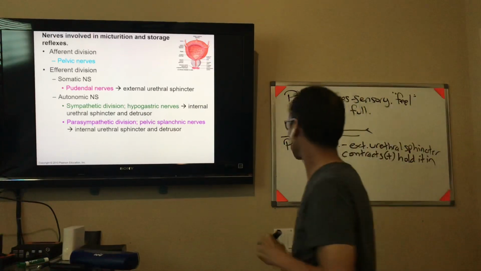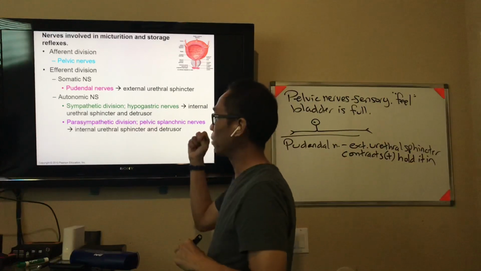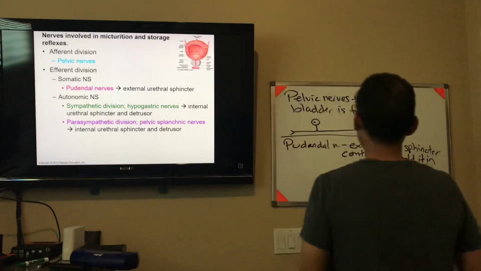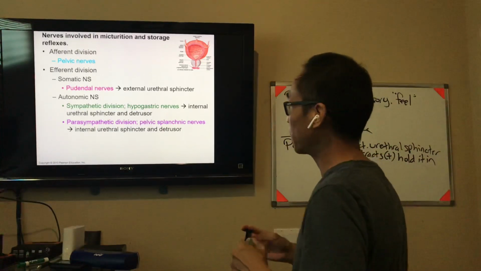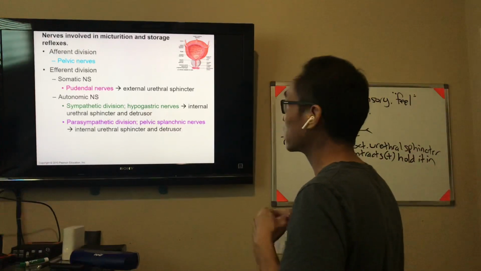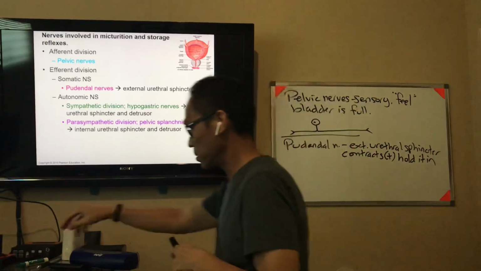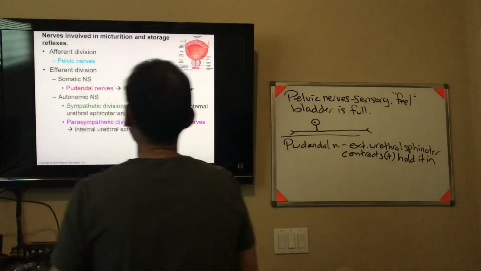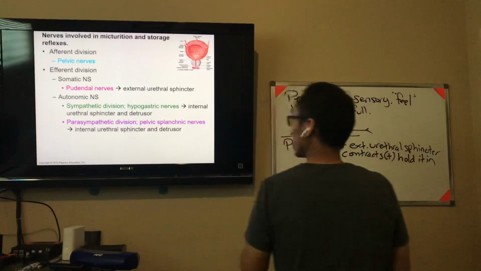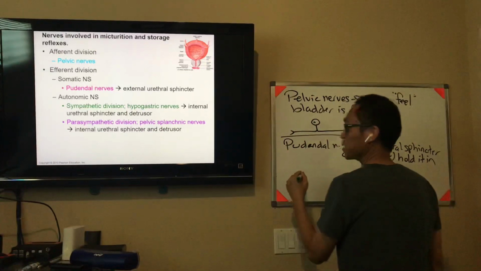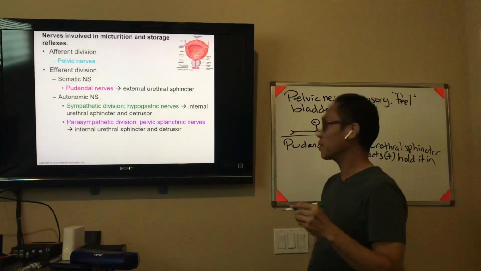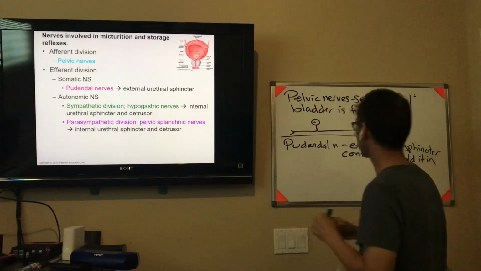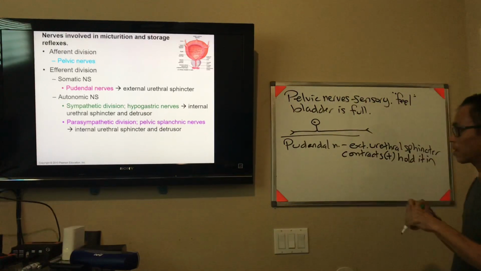You also have your autonomic nervous system innervating other things. You have your sympathetic and parasympathetic divisions. I have green here. For the sympathetic division, we're going to study the hypogastric nerves. Now, these efferent nerves are different.